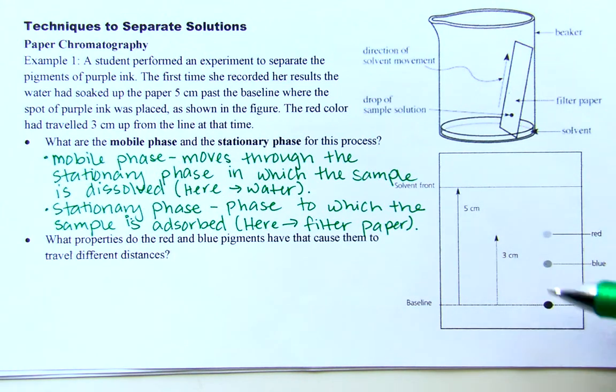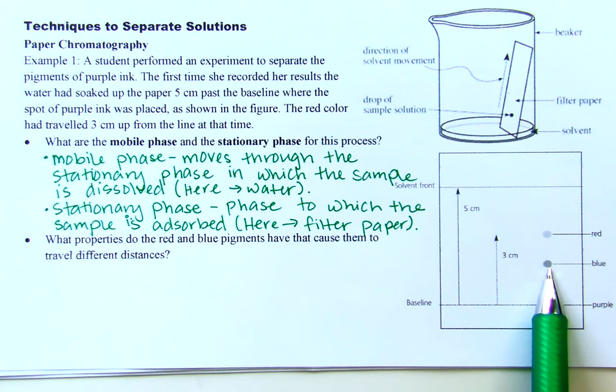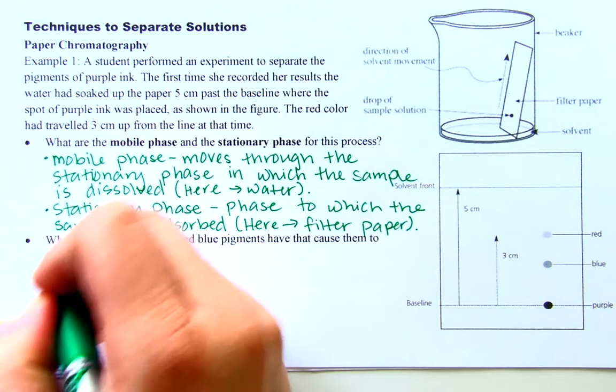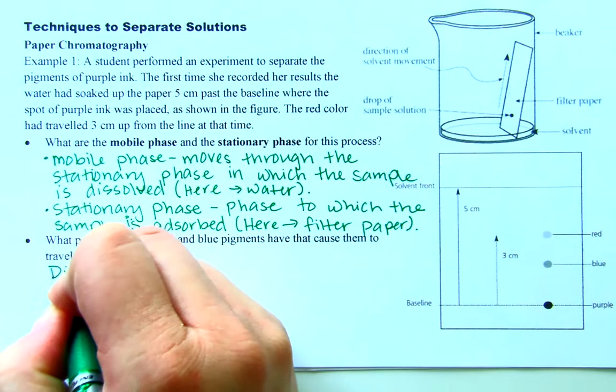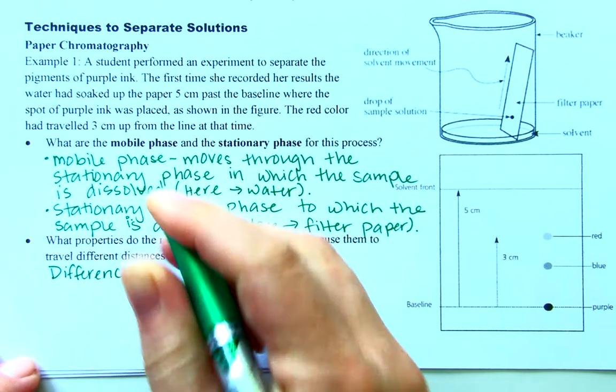If you're not moving as far, so in the example of the blue, the intermolecular forces don't interact as strongly with the intermolecular forces of the liquid. So, the difference in strength of the IMFs.